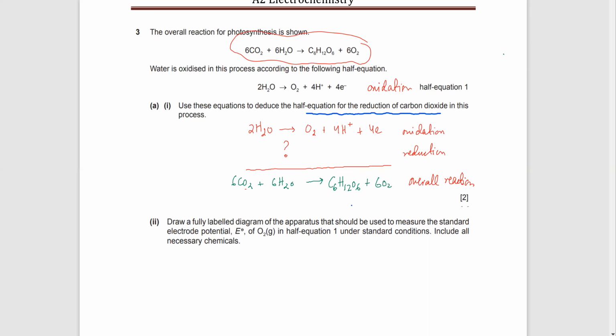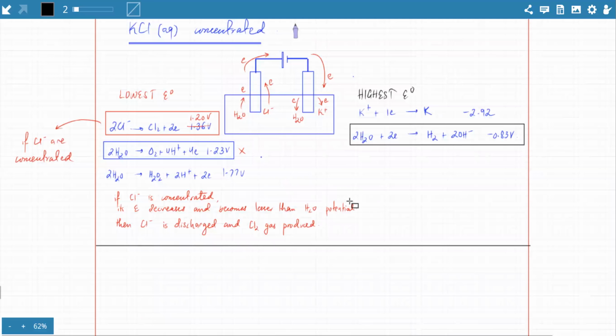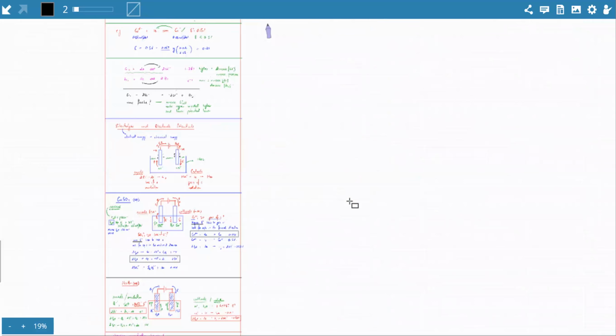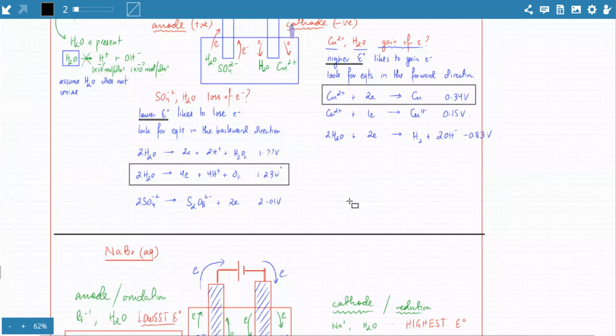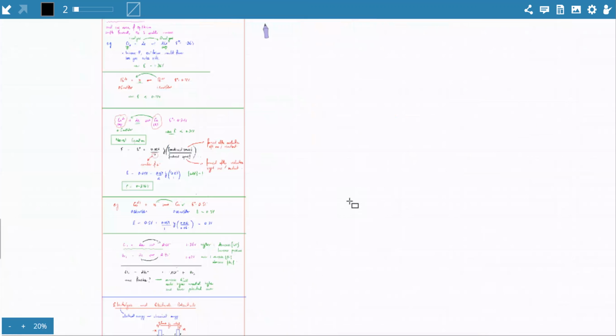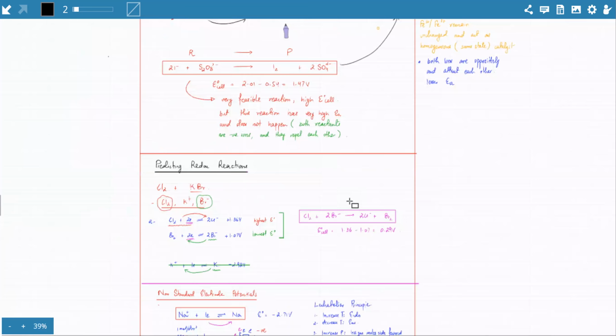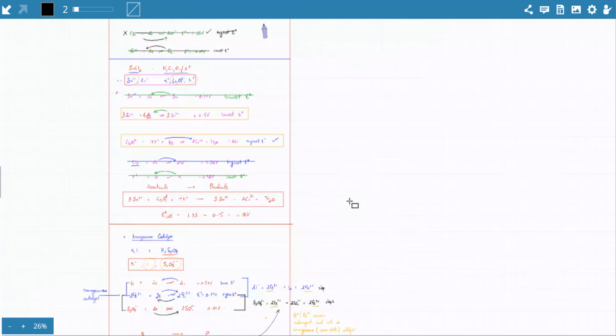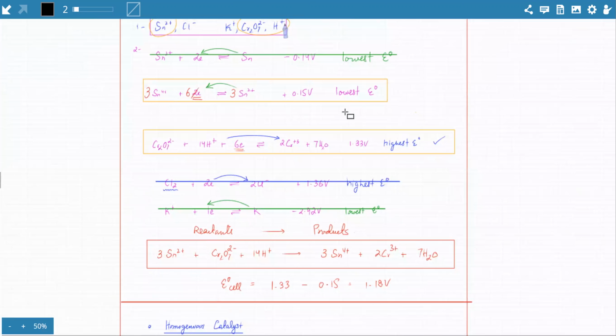We have been doing this when we were doing electrochemical cells, when we were trying to figure out the overall reaction. Not this, this is electrolysis. Before this, when we were predicting redox reactions, maybe this one. So how did you make the overall reaction?